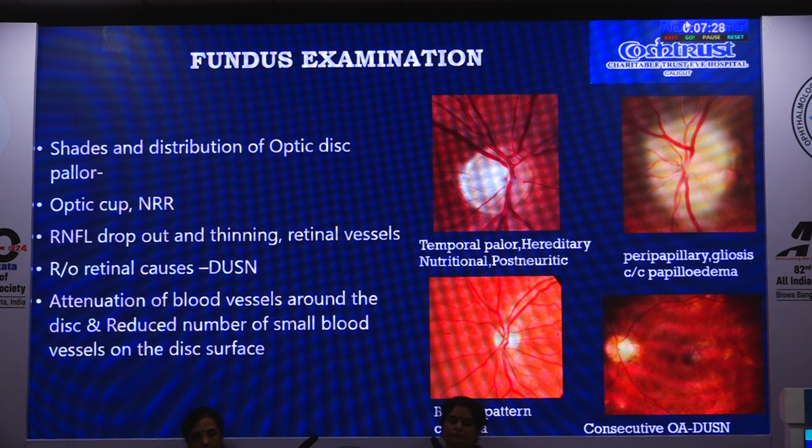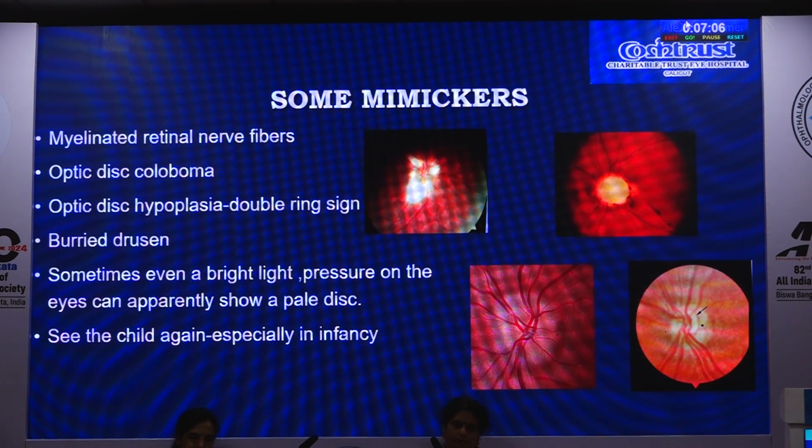Peripapillary indistinct margins and gliotic tissue may point to chronic papilledema. A bow tie pattern is seen in chiasmal or post-chiasmal lesions, and in consecutive optic atrophy. You have to look for any retinal nerve fiber dropout and thinning, and attenuation of blood vessels around the disc has to be noted.